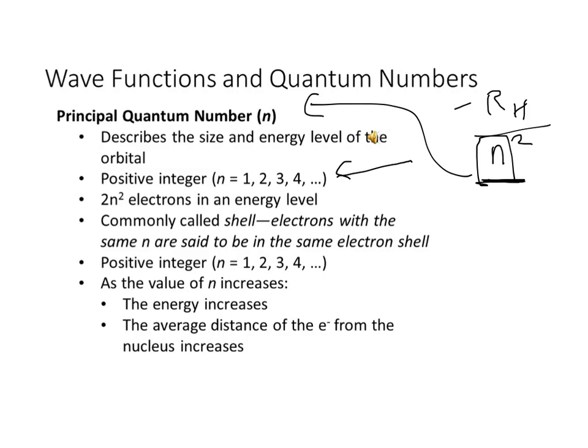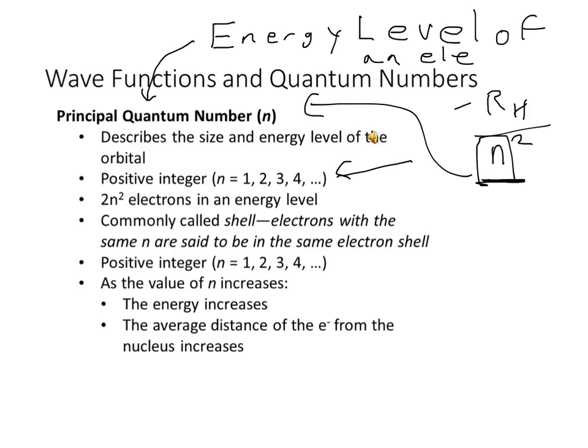You also know that the principal quantum number is another way of talking about the energy an electron has. We often refer to that principal quantum number as the energy level of an electron.